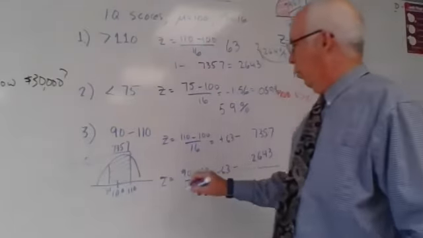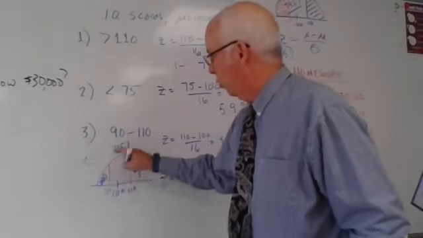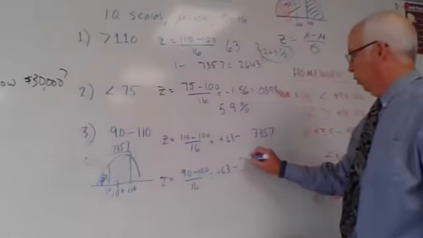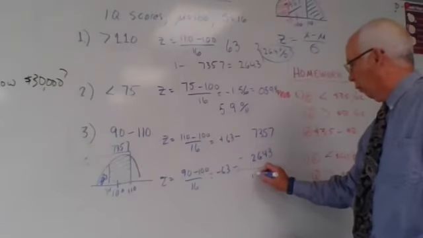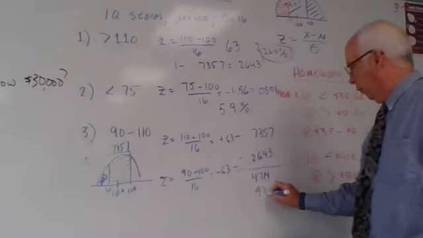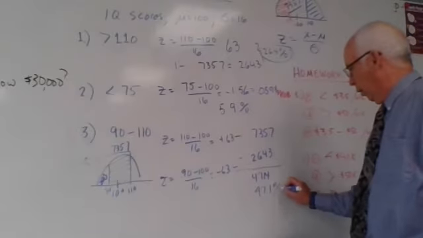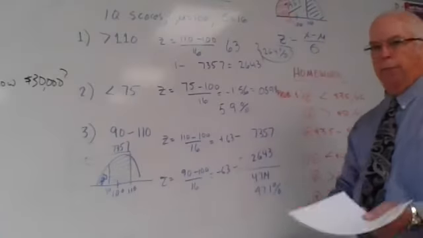And the 0.2643 is actually this open area right here, which we have to subtract out of this 0.7357. So we just subtract the smaller from the larger, do the quick math, and we end up with 0.4714, which is 47.1% of the population is going to score between 90 and 110, almost half.